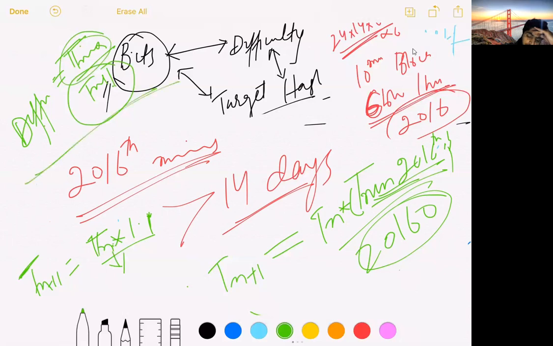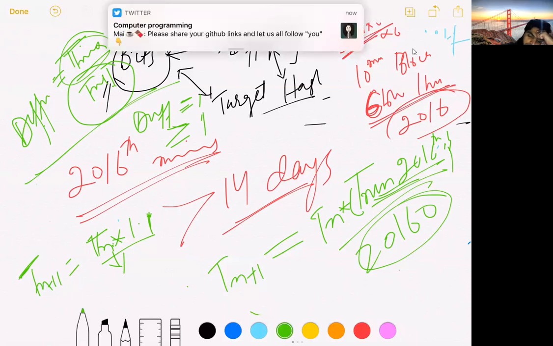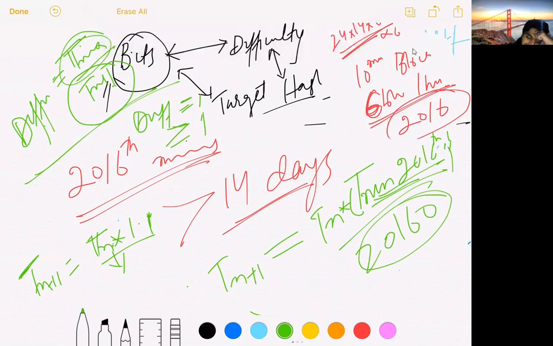But according to the Bitcoin standard, difficulty is set to 1, and its value is set such that it is greater than or equal to 1. It can't be less than 1. That means difficulty can't go below 1. So to fix that, we have to make the target hash lower.